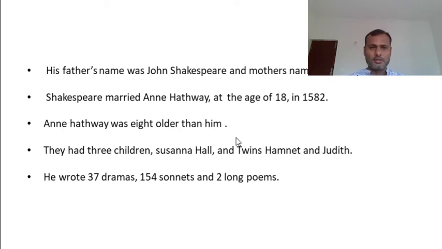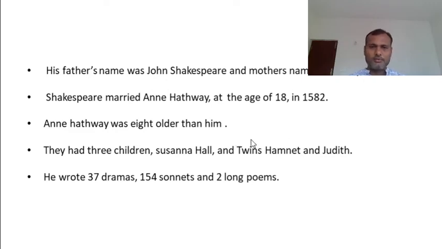154 sonnets, and mainly the theme of these sonnets is love and friendship. From sonnet number 1 to 126, he has written about his friend, who is believed to be the Earl of Southampton. And sonnet number 127 to sonnet number 154 are written about the Dark Lady, also called the Black Beauty.